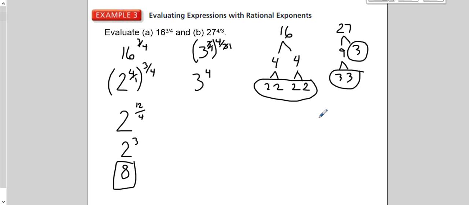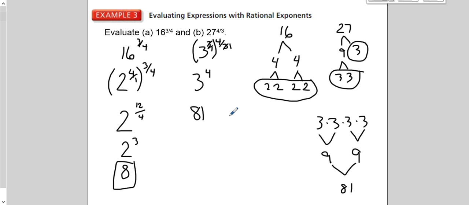And then 3 times 3 times 3 times 3. I think of this kind of like a factor tree backwards. 3 times 3 is 9. 3 times 3 is 9. And 9 times 9 is 81. Look at that. Or you could have gone in order. 3 times 3 is 9. Times another 3 is 27.